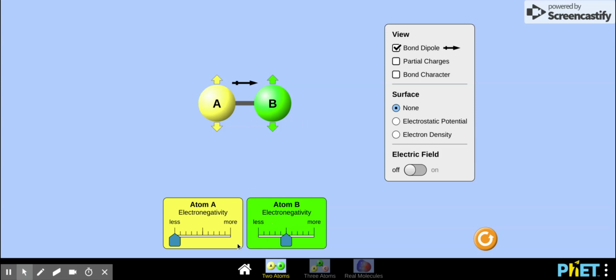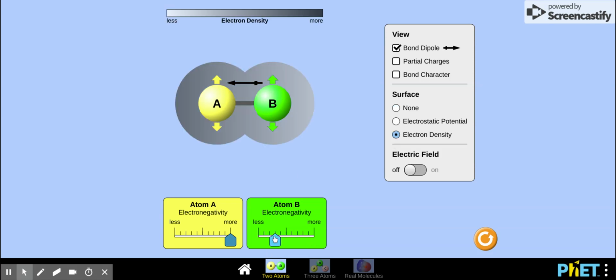So I can change their electronegativity, and it's going to show me with this black arrow where our charge is going. So obviously the A is less negative, the B is more negative. And I can change it up. I can make it flip over. I can change the electron density, and we can see how that works.